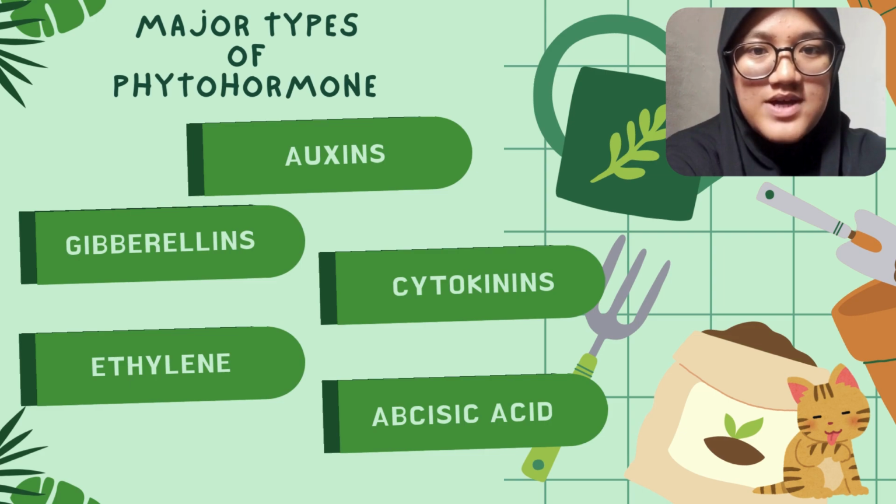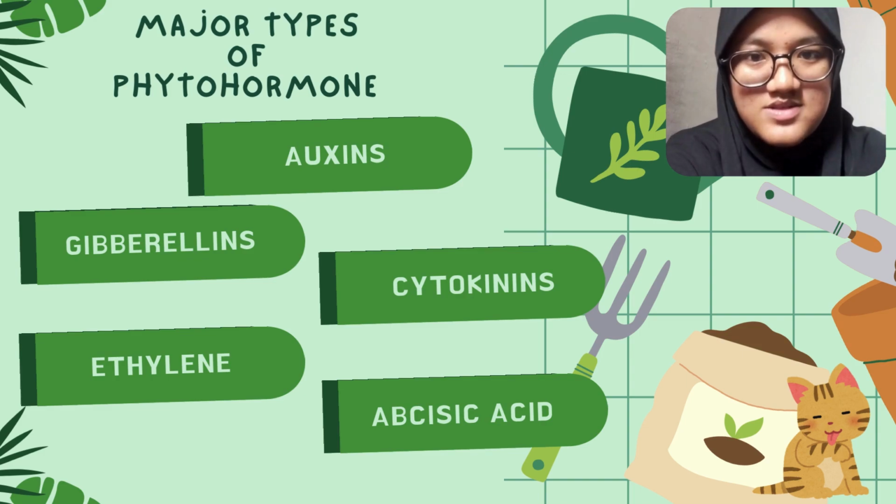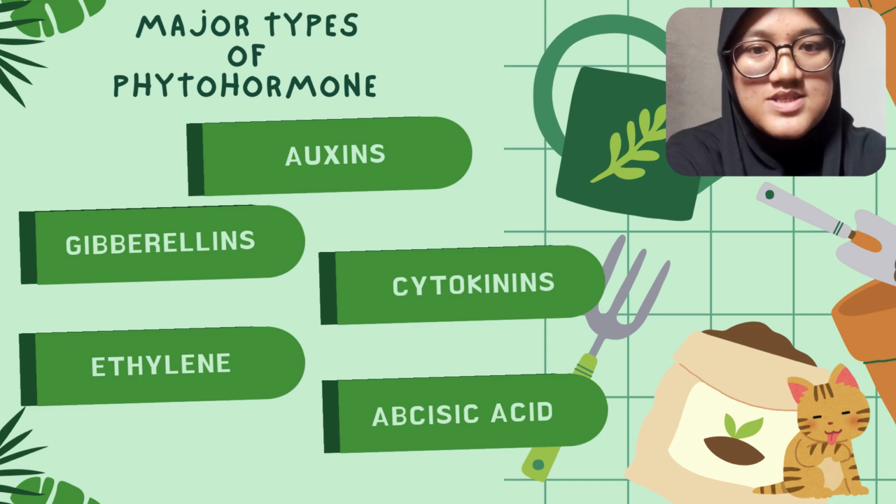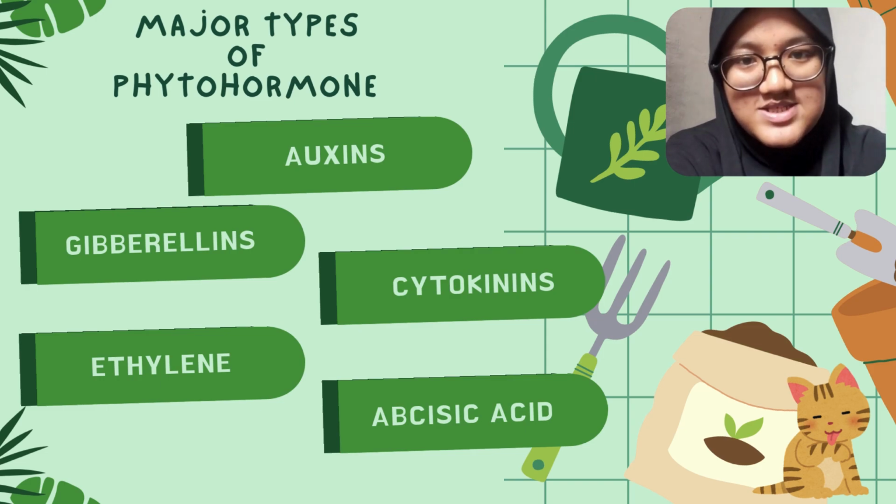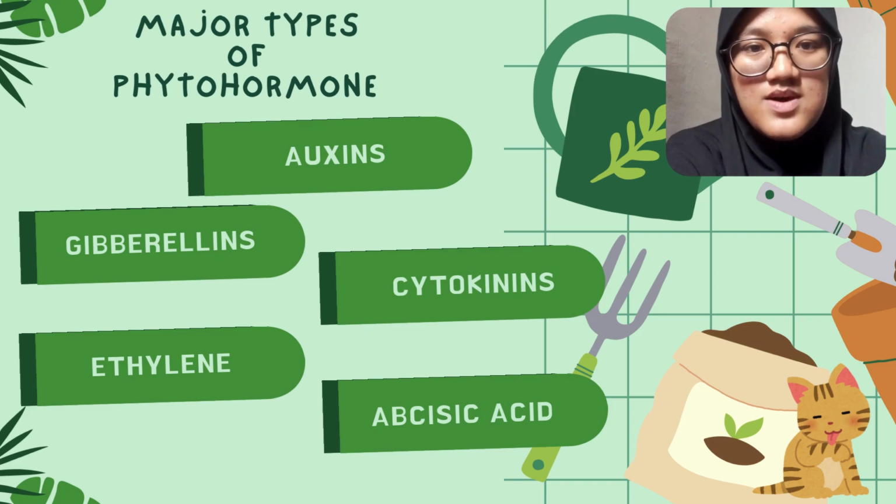There are 5 major types of phytohormones. First, we have auxins. Second is gibberellins. Third is cytokinins. Fourth is abscisic acid. And the last one is ethylene.